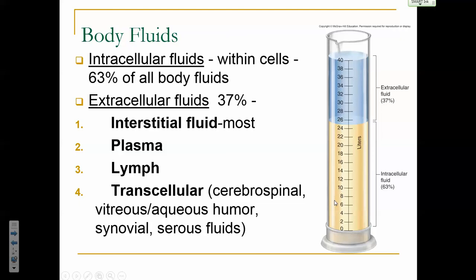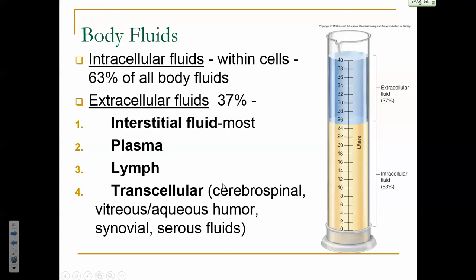And then all these other ones are lumped together as transcellular because they're bound by special compartments or membranes. Okay? It's like cerebrospinal fluid, the fluids in your eyes, vitreous and aqueous humors, the synovial fluid in your joints, and then the serous fluids between visceral and parietal membranes. There's a lot of graphics, and I haven't put them all in your notes, but you'll see a lot of tables and graphs in your book that show in a picture the percentages of these different ones.